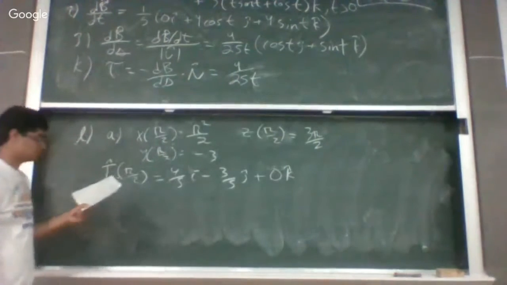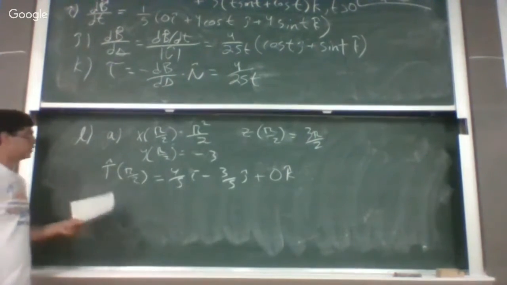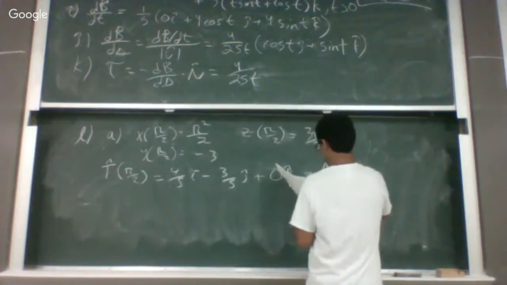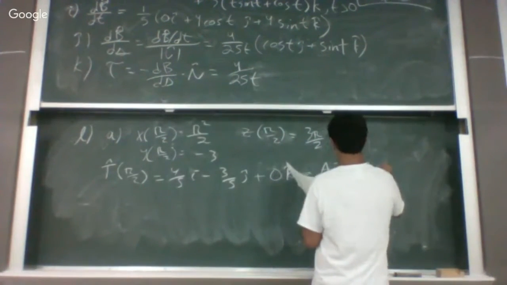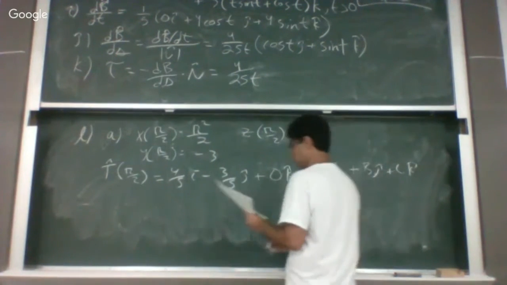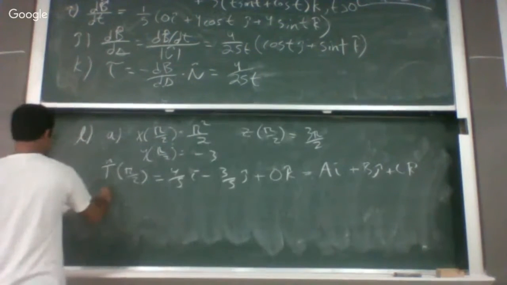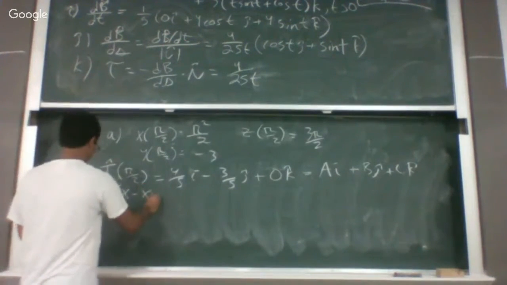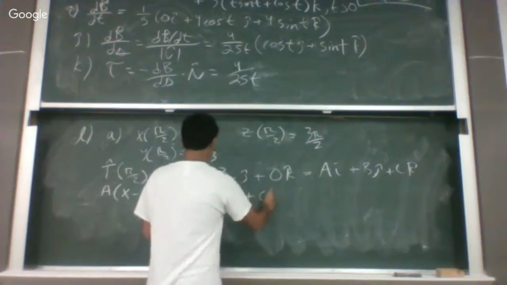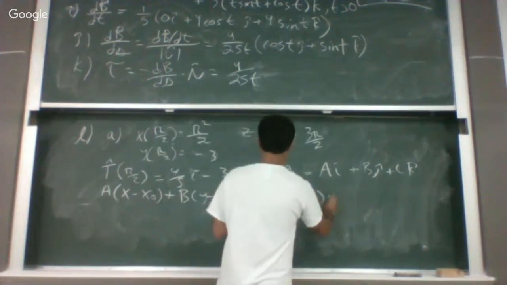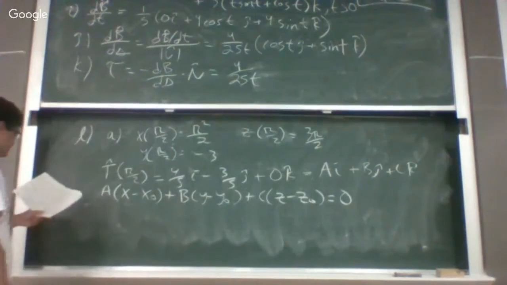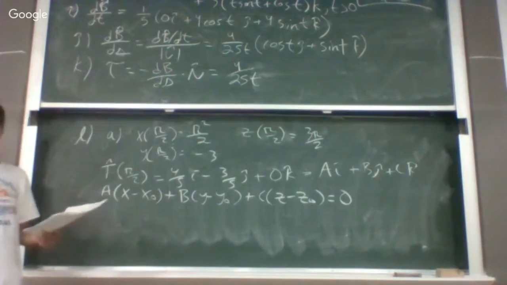Okay. So then we have to find the equation of the normal plane, but we know that these components are equivalent to ai plus bj plus ck. And the equation of a plane is always a times x minus x naught plus b times y minus y naught plus c times z minus z naught equal to 0. All the way from Calc 1. Was this Calc 2?